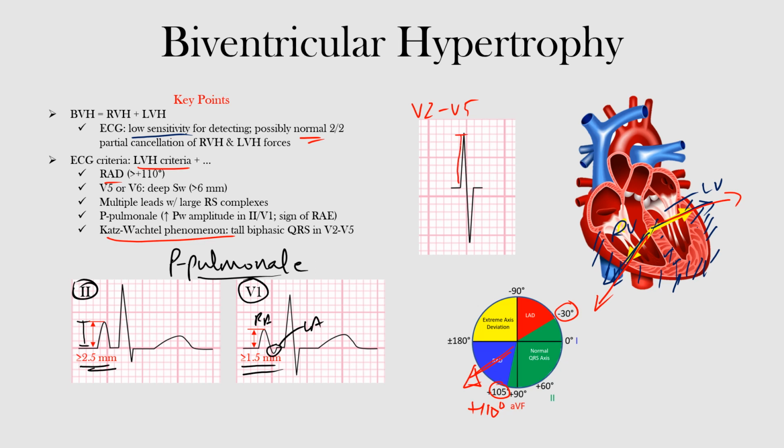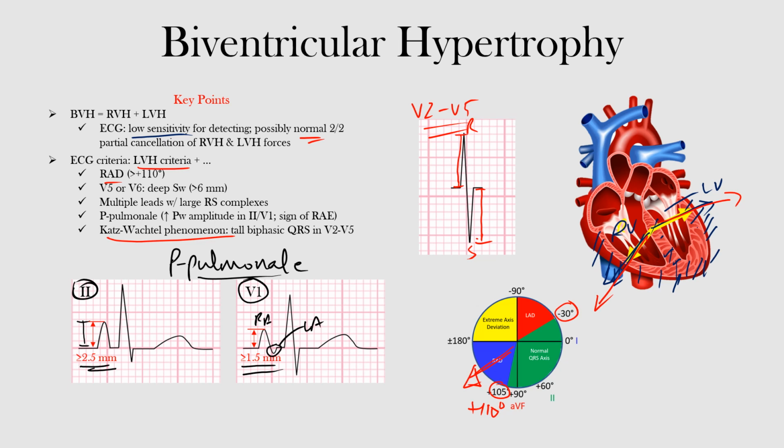We have pretty much an R and S complex as we mentioned earlier, that are biphasic, equal in amplitude and in depth as well as height. And these are things that we'll see in V2 through V5. Often you'll see this in children with large ventricular septal defects, and maybe associated with that Eisenmenger syndrome that we discussed earlier. All right, let's briefly review what we discussed before we end.